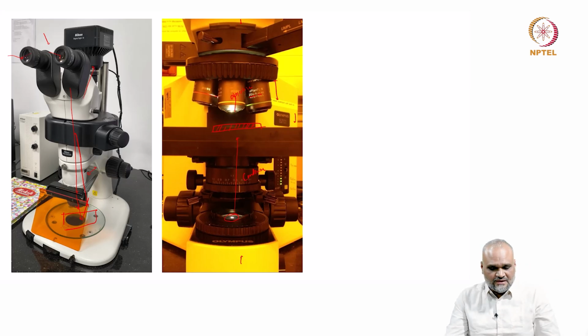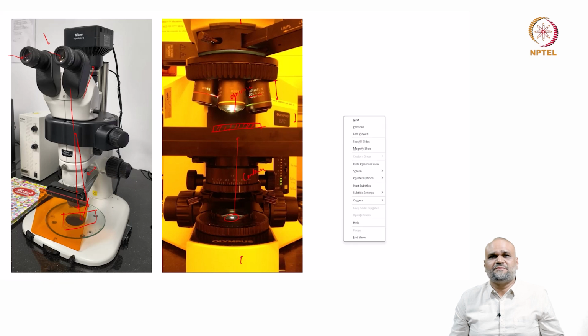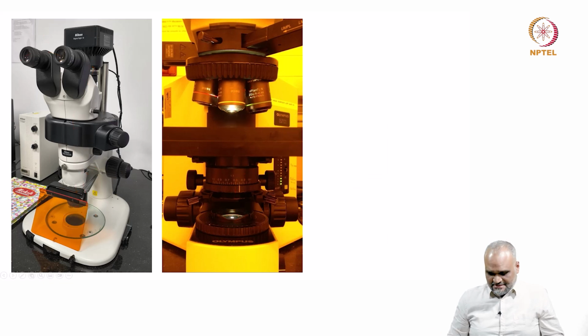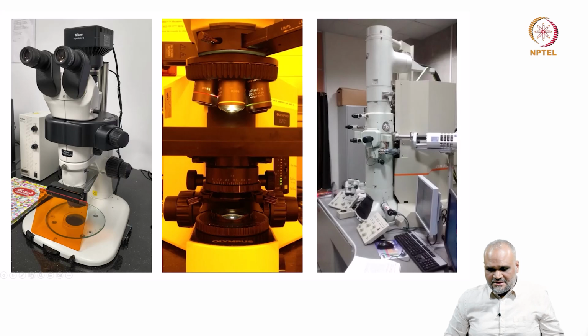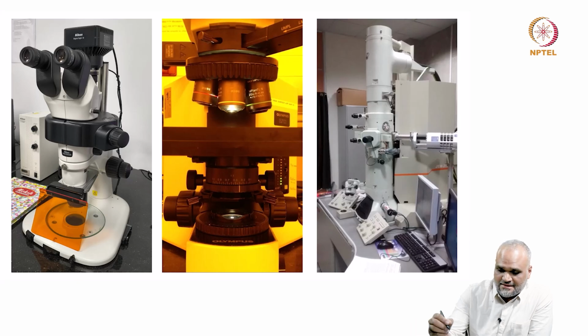Let me do the following. If I flip around this image, before I flip around, let me just clear the animations on here. So, if I compare a transmission electron microscope, which is shown on the right side of the screen here, or onto your left side, the same components that I have here.